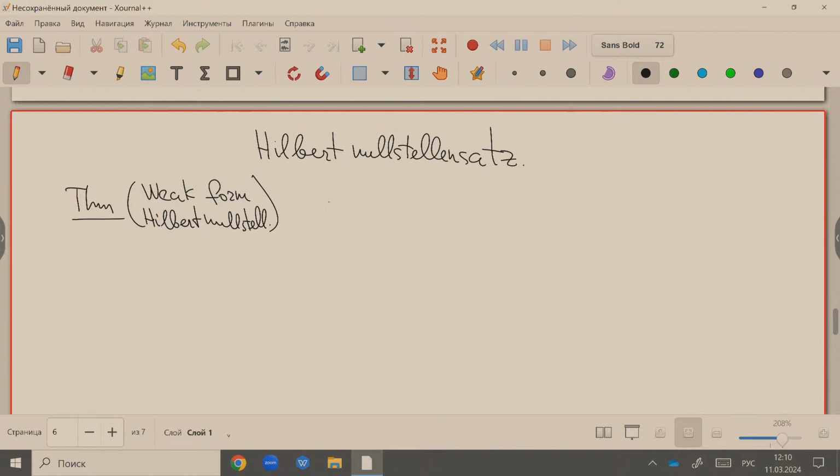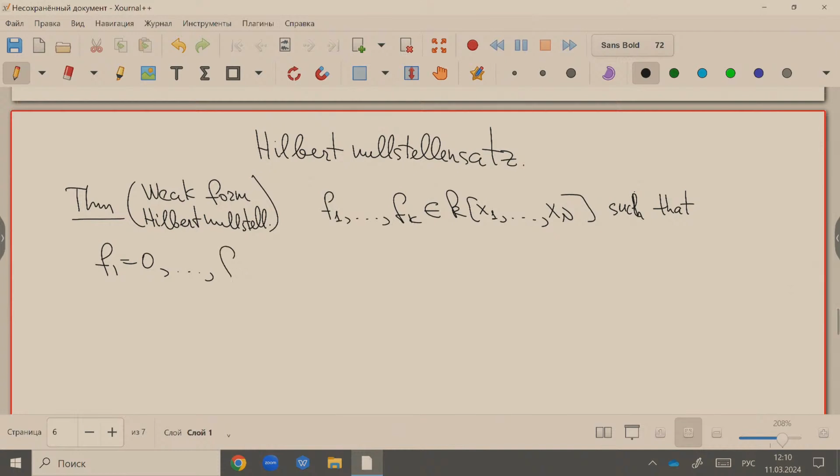Suppose you have a polynomial system, a set of polynomials such that the system of equations has no solution.